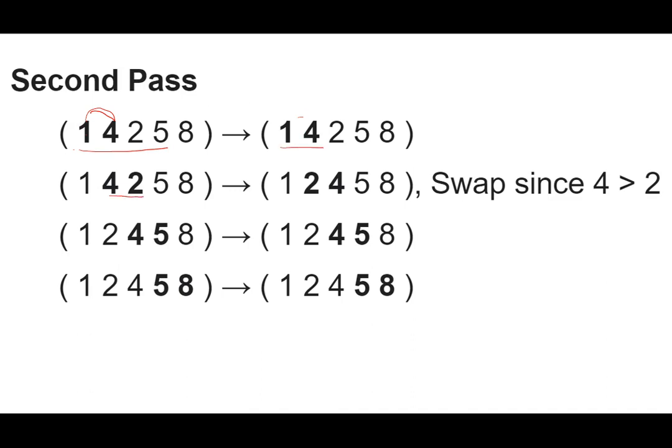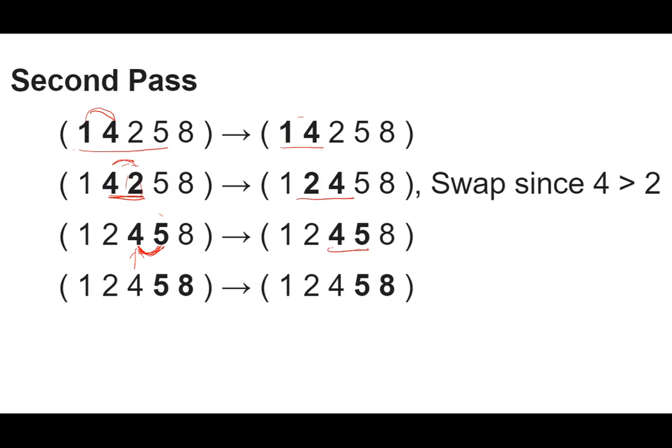Then we compare these two. Because the next is less than the current, we swap them, and it becomes this. Then we go to this position. We compare the last two elements. Because the next is not less than, they are not swapped. So we get this.